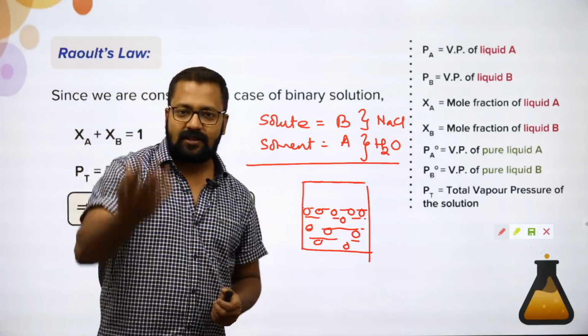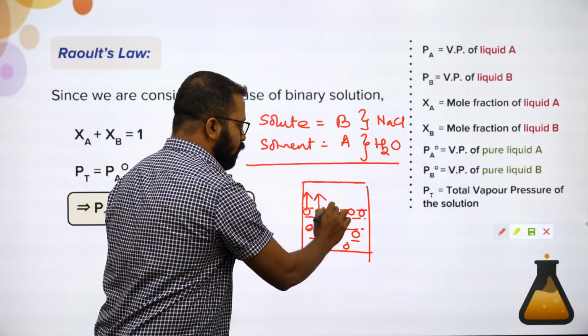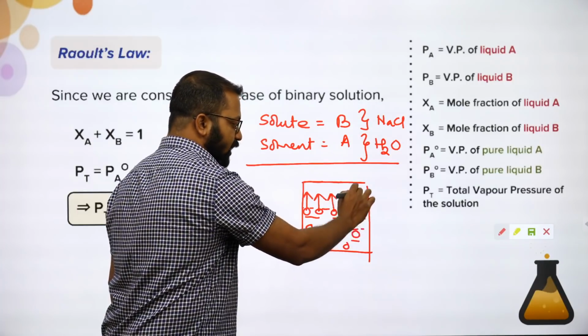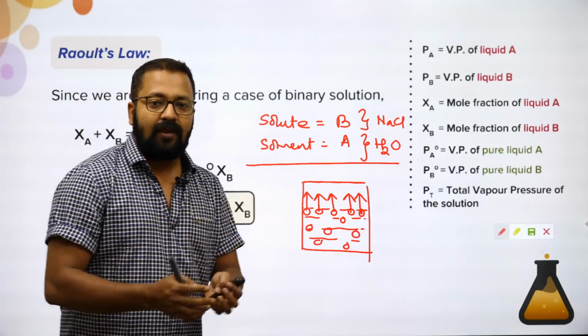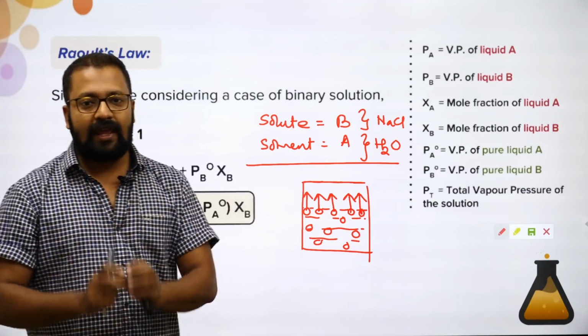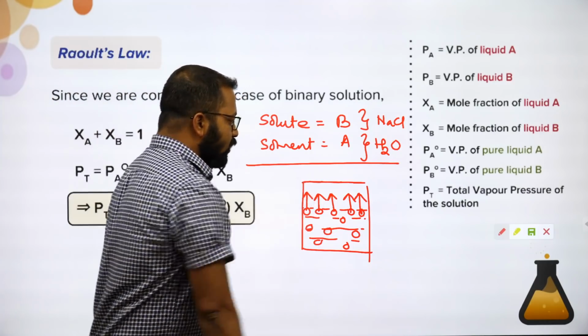Now NaCl, since it is not evaporating, the amount of H2O molecules that will go into the vapor state will be a lot less than what it was when it was only pure H2O.